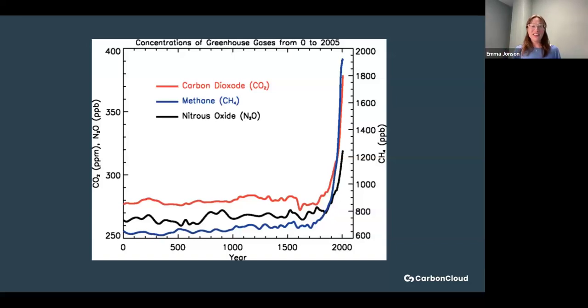What is interesting here is that these gases had a quite stable concentration in the atmosphere for quite a long time. This figure represents 2,000 years, but you can go further back than so. And during a quite short period of time, the concentration has increased in all 3 of these gases. As I said, these are the main greenhouse gases also related to agriculture that we will see later in the presentation.